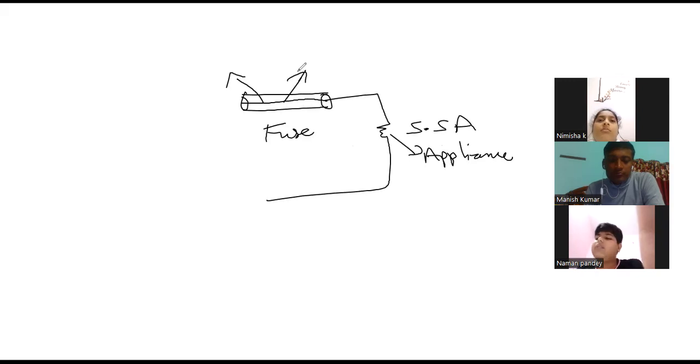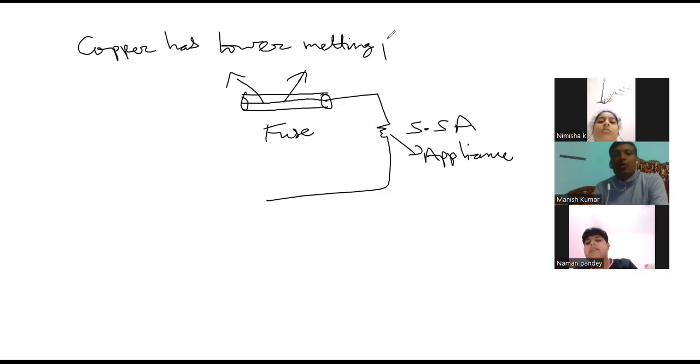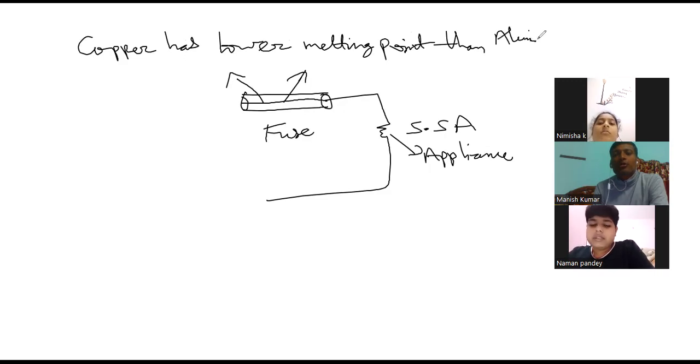Sir, I think mostly in the houses copper is used, sir. But I think aluminium should be used because copper has lower resistance. Not only resistance is required, copper has a lower melting point than aluminum. So it will be damaged earlier than aluminum.